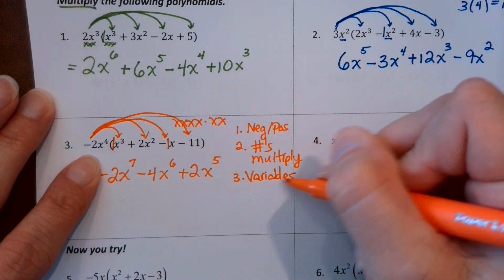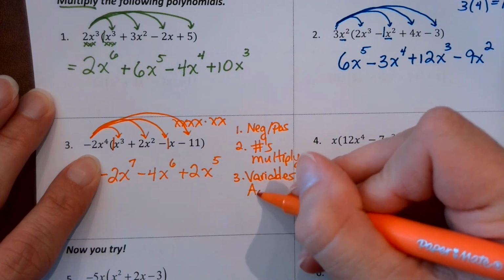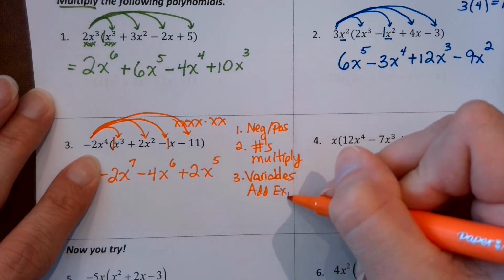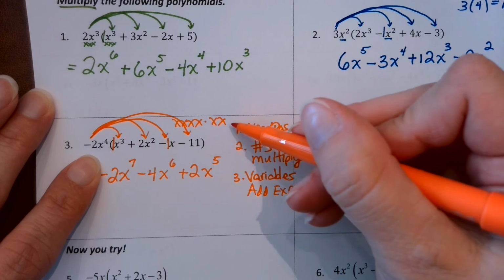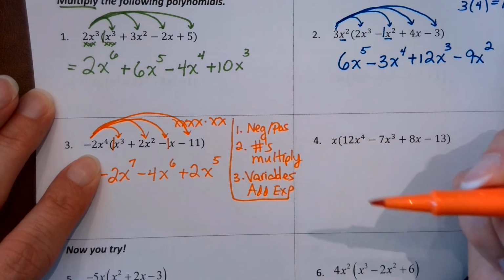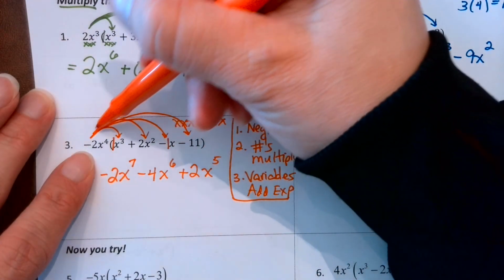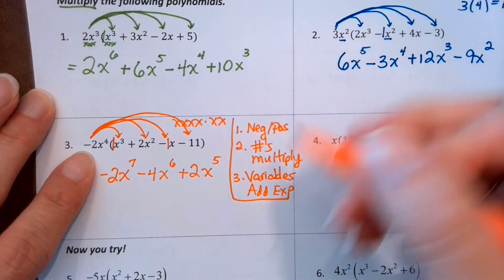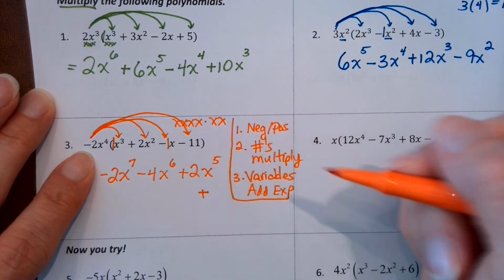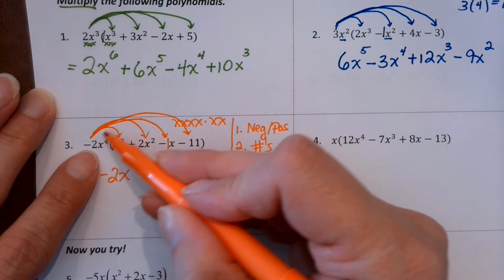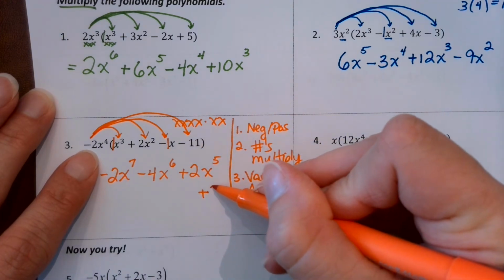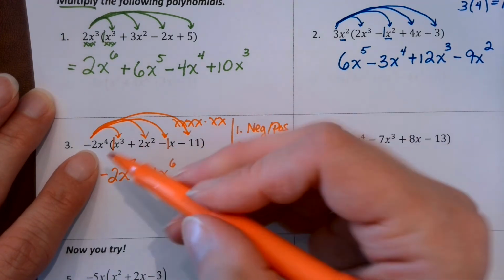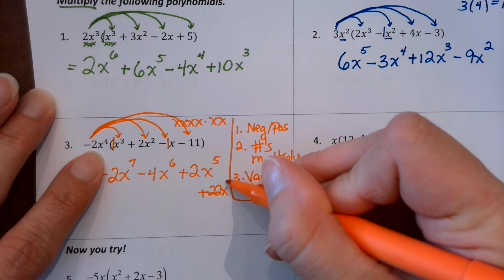And when you multiply the variables, okay, you add the exponents. Oh, I should have left some space for my answer. Okay, a negative times a negative makes a positive. 2 times 11 makes 22. And then we have x to the 4th.